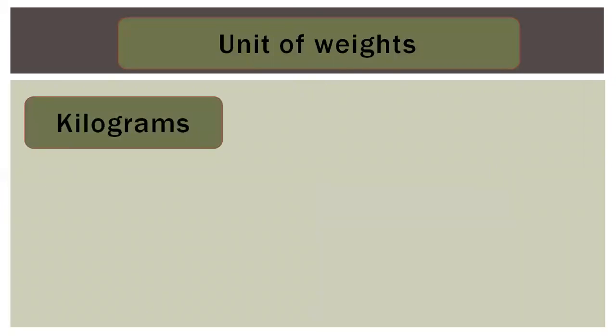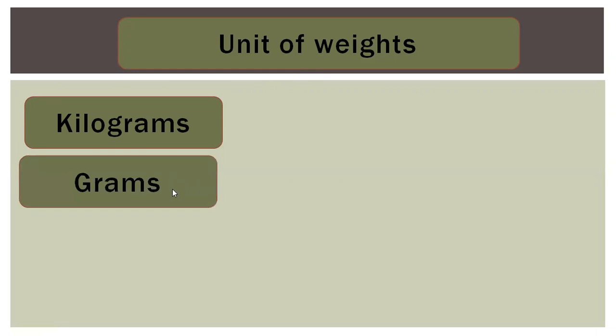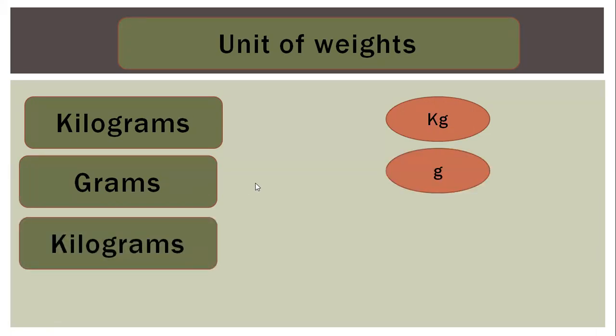Okay, boys, now we are going to talk about units of weight. There are 2 units of weight, kilograms and grams, that we are going to study in this lesson. We can write kilograms as kg in the short form. What does kg mean, boys? It means kilogram, and for grams we can use only g.